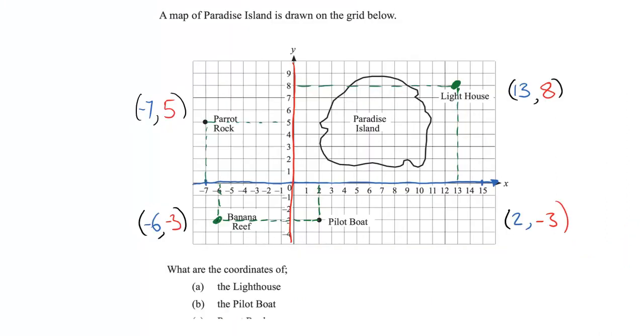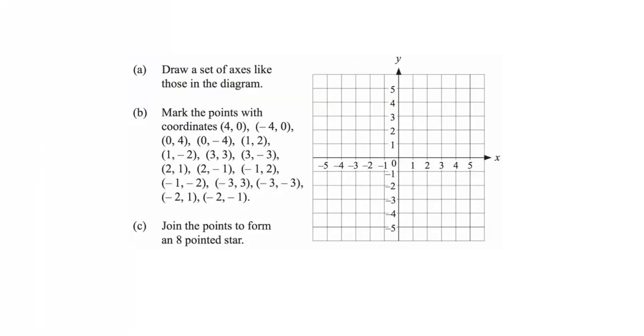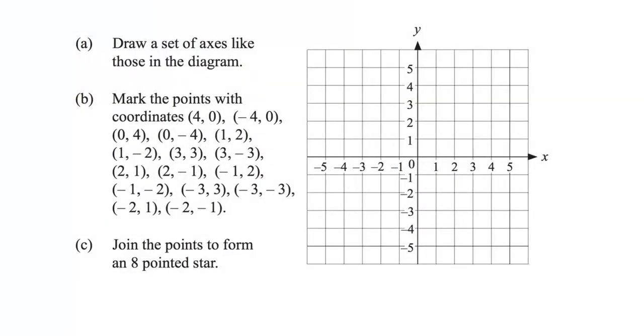Okay, so let's see now if we can go the other way around. Let's use these axes to plot some points that are given to us. We're going to mark the points that are given in part B, so slowly go through this with me and make sure you understand how I'm getting these answers.